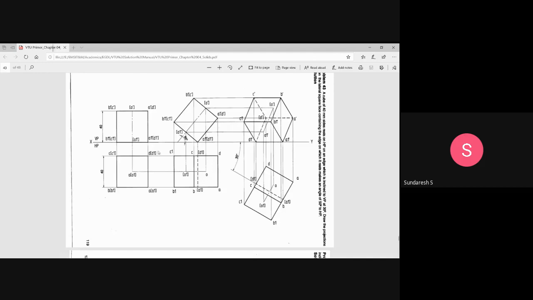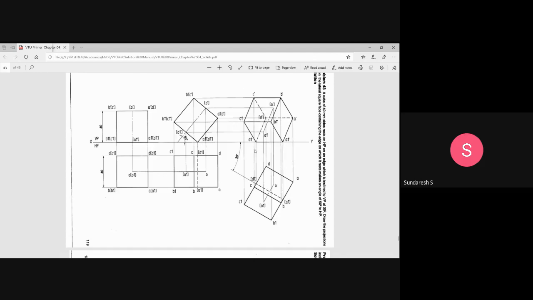This condition can be satisfied in the third position. Already the cube is inclined to HP at 50 degrees for the corresponding lateral face, right? Now the resting edge A1 and D1 has to be inclined to VP at 30 degrees.